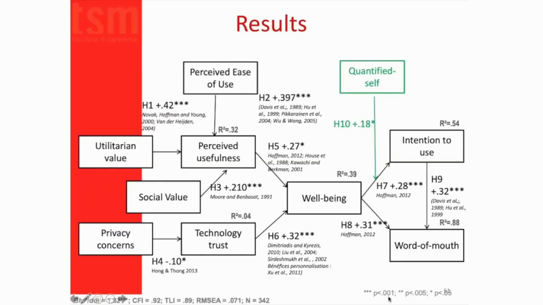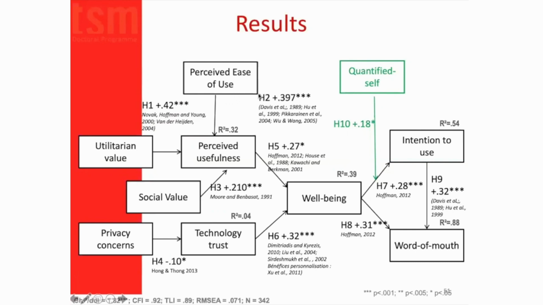You see here also the confidence intervals. Most of our relationships are highly significant at the 0.001 level or significant at the 0.05 level. For example, utilitarian value is highly positively significant, as we expected in H1, on perceived usefulness.